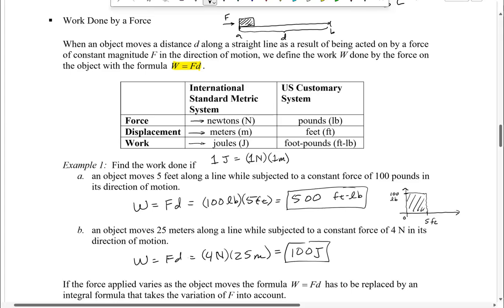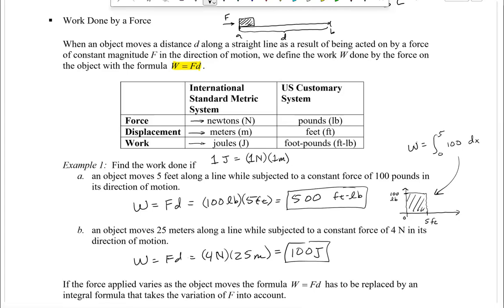It would have been silly, but we could have gotten the work by integrating the constant force of 100 along, we'll just say the x-axis, from 0 to 5, and we would have gotten that area, which just happens to be the same value as the work done.